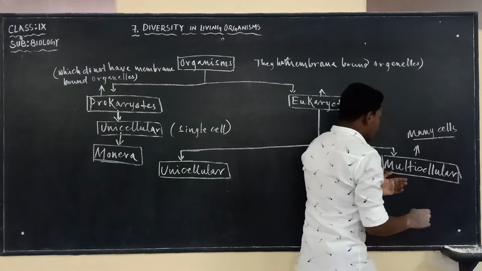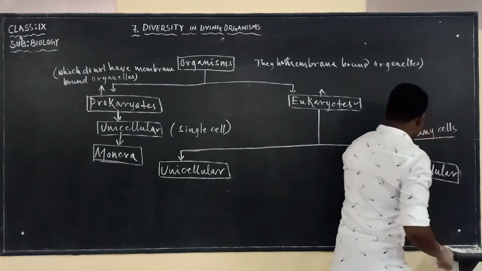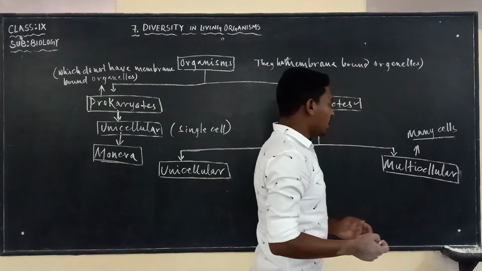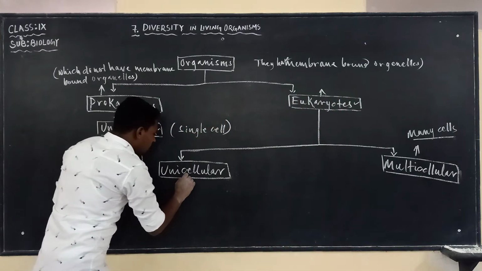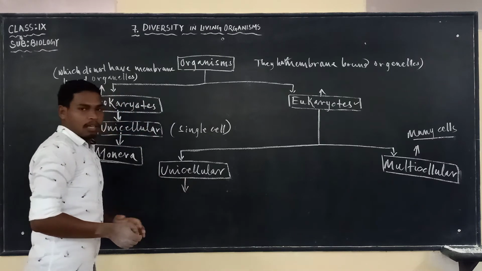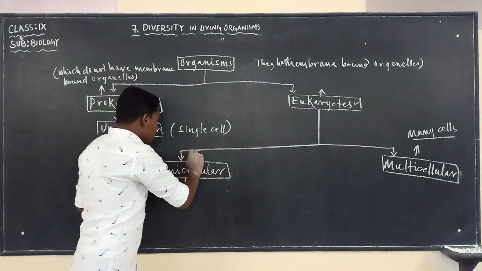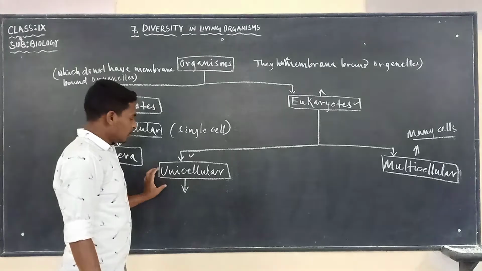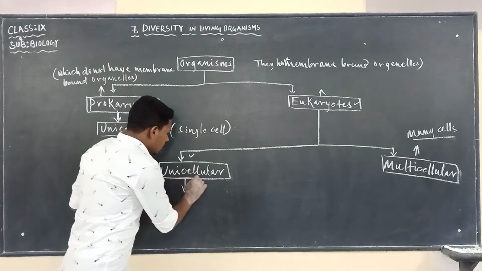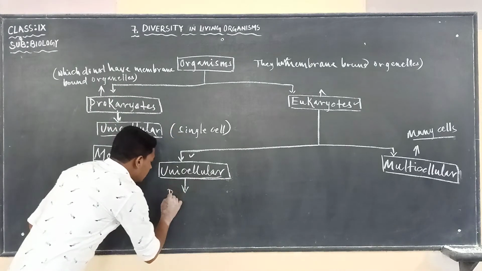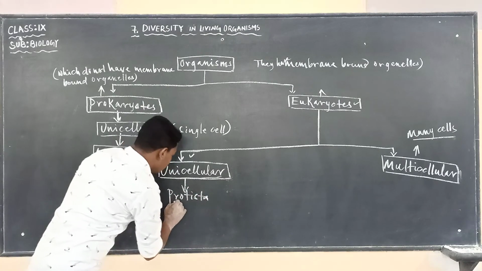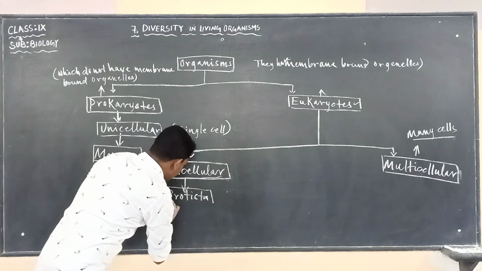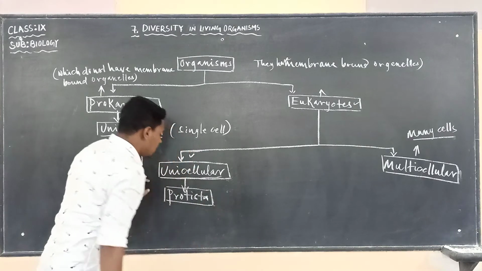Multicellular organisms, that means they have many cells. This organism is made up of many cells, and the unicellular organism was again grouped as Protista. We have discussed in previous classes about kingdom Monera and kingdom Protista, right?